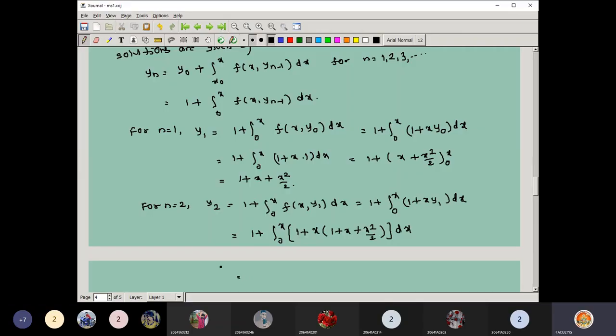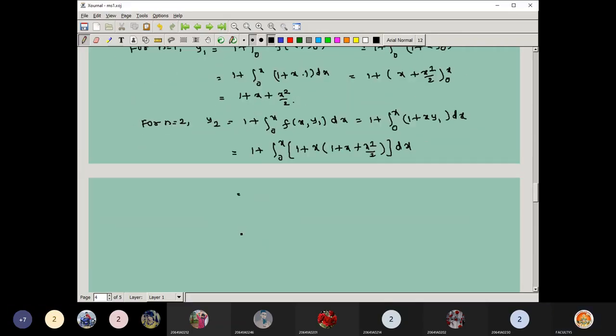So do the simplification first. It becomes 1 plus integral 0 to x of 1 plus, if I make the multiplication, x plus x square by 2 plus x cube by 2. Is it correct? 1 plus x plus x square by 2 plus x cube by 2, dx.